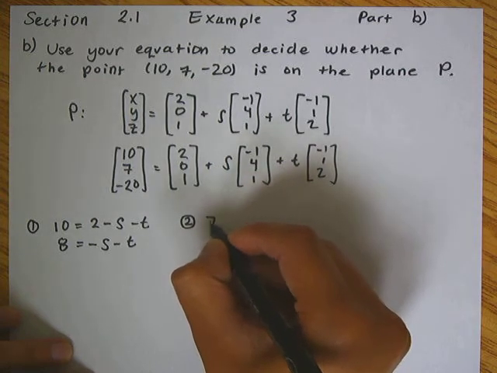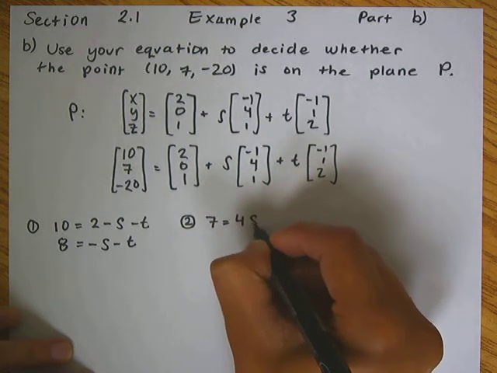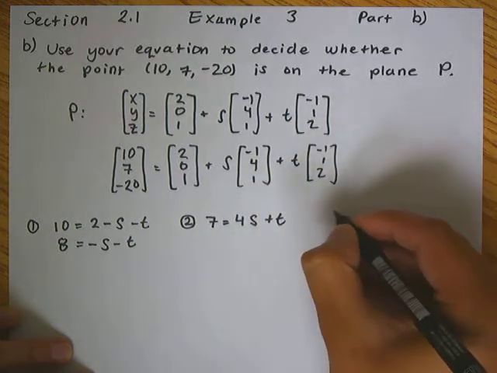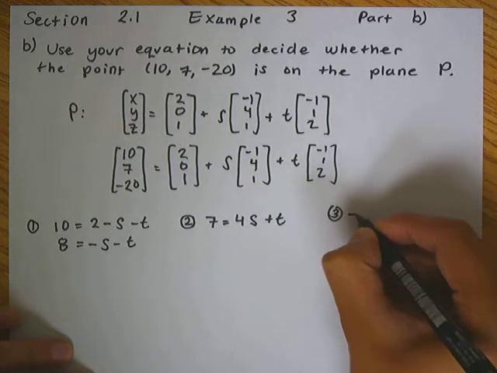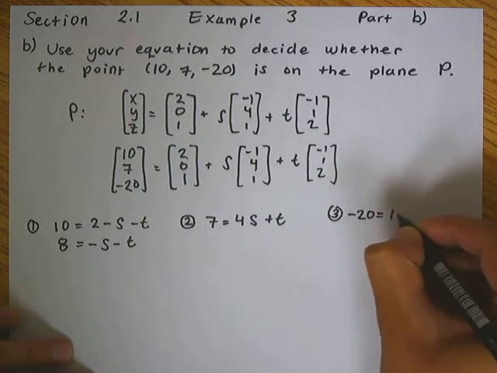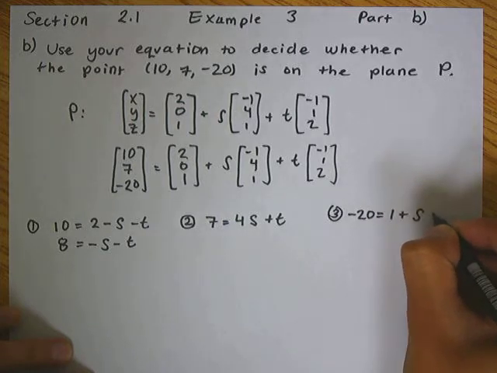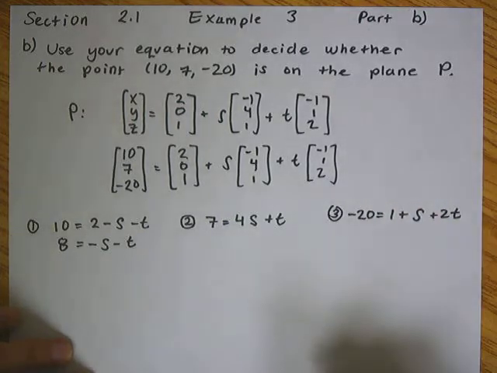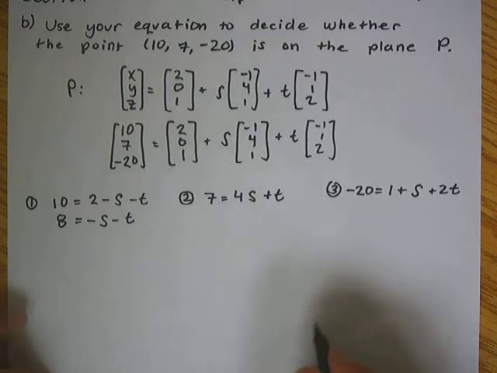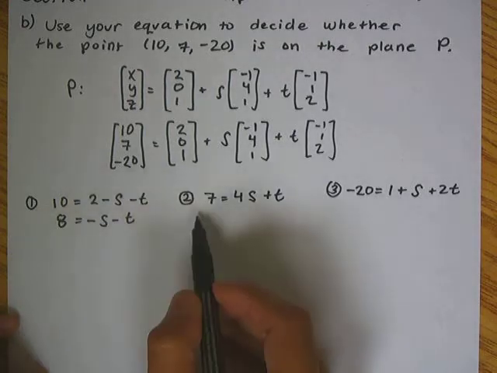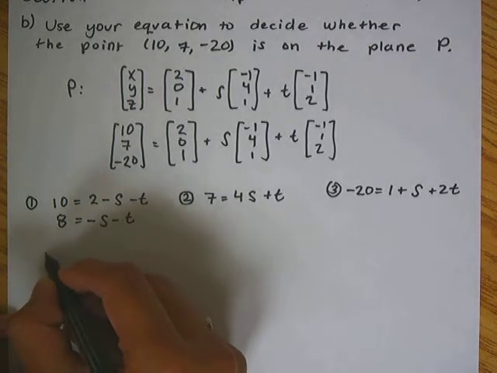Second equation is 7 equals 4s plus t, and our third equation is negative 20 equals 1 plus s plus 2t. Now what we'll do is add equation 1 and equation 2 together.